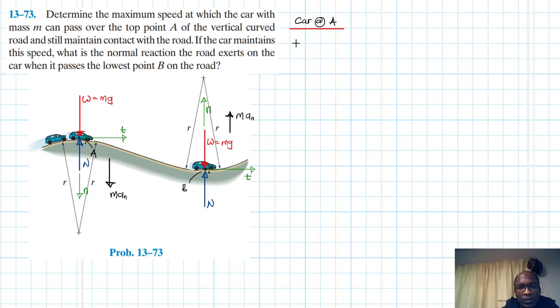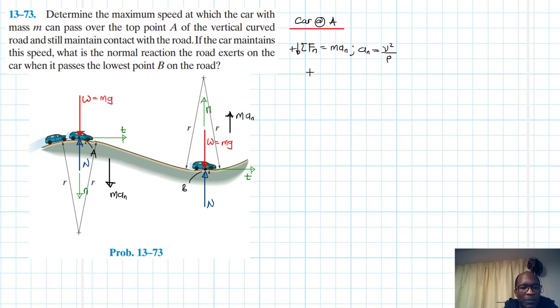For the car at A, we apply the summation of forces in the N direction, going down being our reference positive. This is just equal to m a_n, where a_n is just equal to v squared divided by rho.